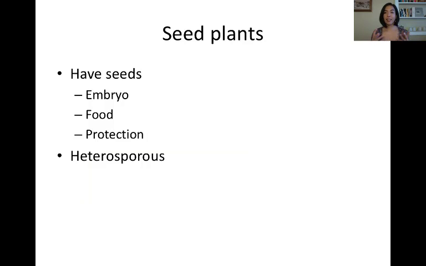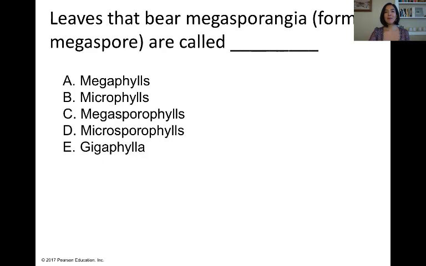And that protects it against biotic or abiotic factors. The other thing that I want you to remember is that seed plants have heterospory, or they are heterosporous. And I want to ask this question for you to see if you are understanding these concepts.